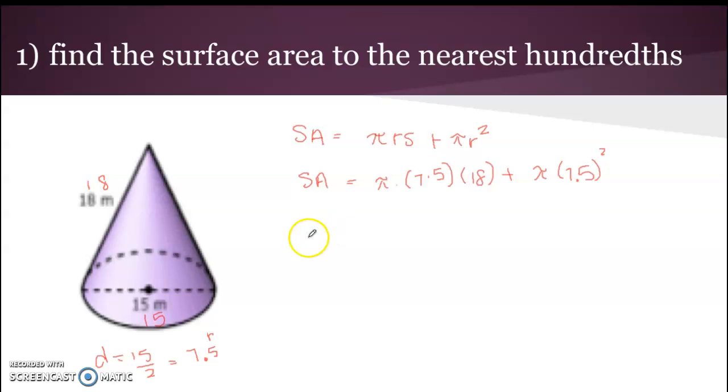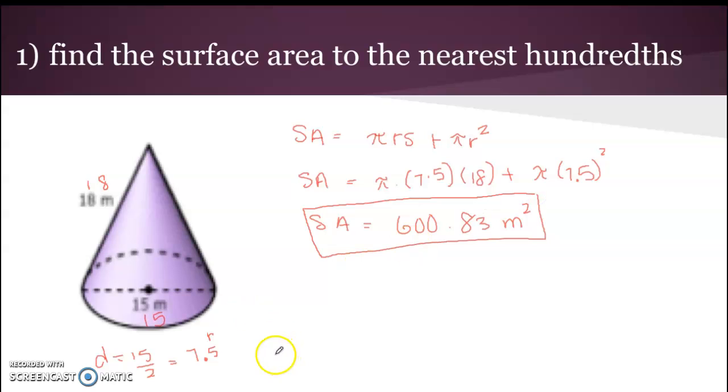I'm going to plug everything in my calculator and round to the nearest hundredth, so my final answer is 600.83 meters squared. Final answer. Be careful with this part. This is a big misconception. Some students are just plugging in the 15. You actually need the radius, which is half of it.